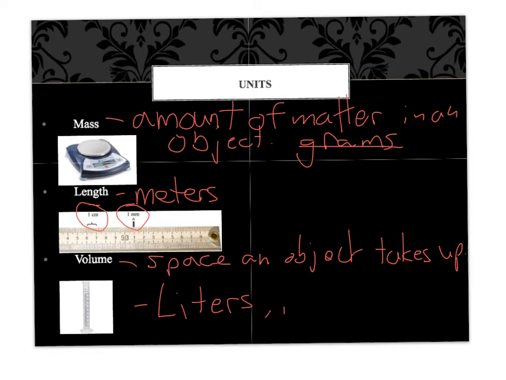Or we can use milliliters, right? Or we could use something called centimeters cubed. Now here's kind of a cool thing, and we'll learn about this when we talk about density, right? 1 milliliter is actually equal to 1 centimeter cubed. So either of those can measure volume, or the amount of space something takes up.